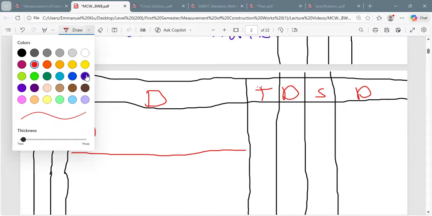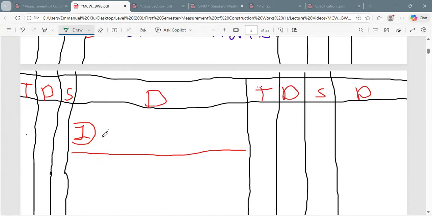Let me write here nicely: Topsoil excavation.